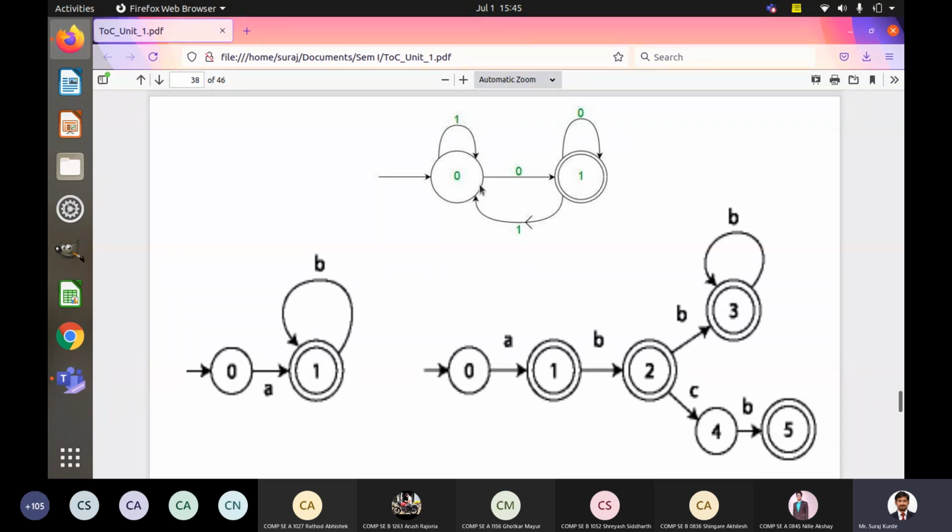So it can be 1 repeated any number of times, then after that 0. It should be there at least once, and 0 is again repeated any number of times. After the first 0, any number of 0s can be there. But again if 1 is there, it goes back to state 0, and on input 0 it goes to the final state.